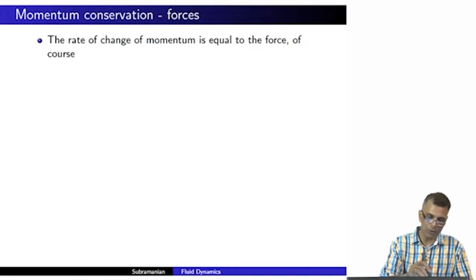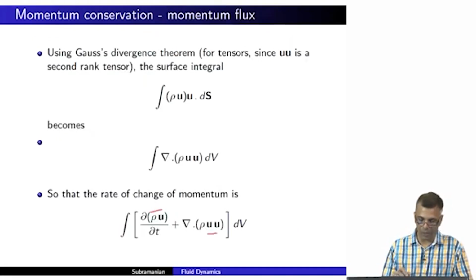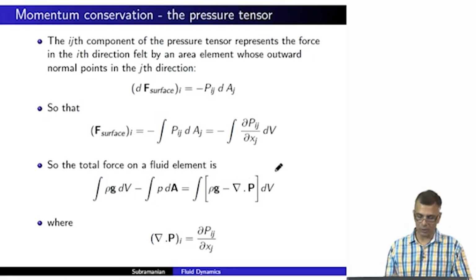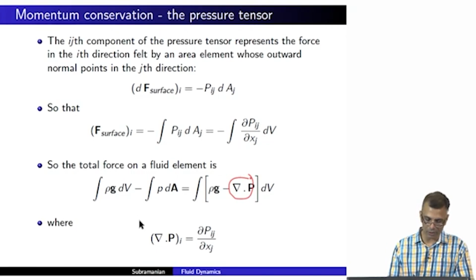Okay, so this is the total force. So this is the F, and we did the MA here. So we equate this to F. So this is finally, when I write divergence of P, the P is really a tensor. So the divergence of a tensor is defined by this.